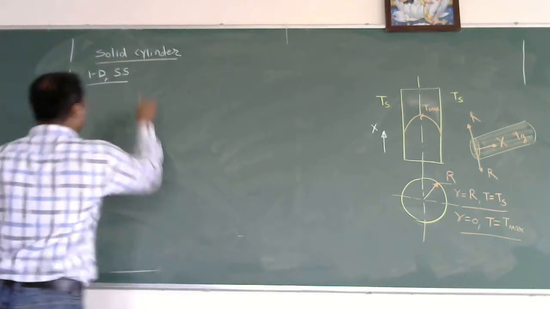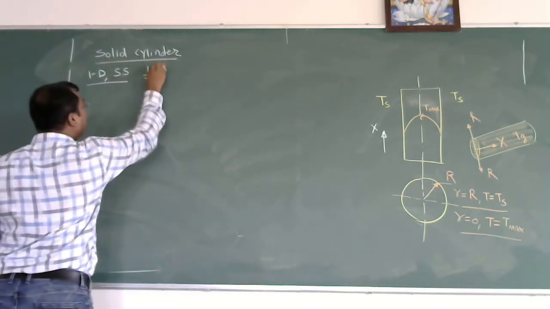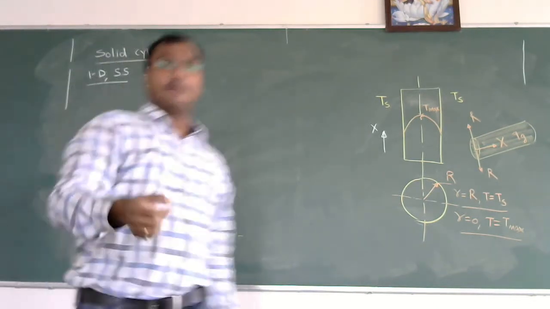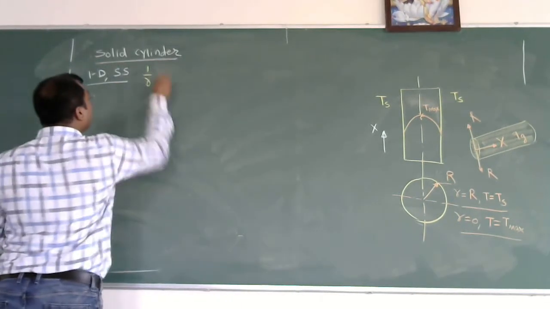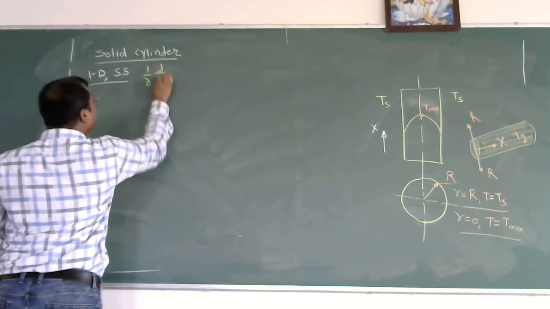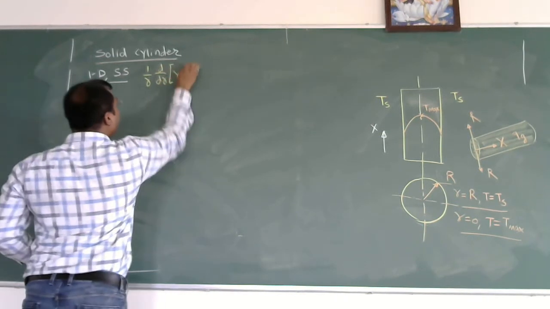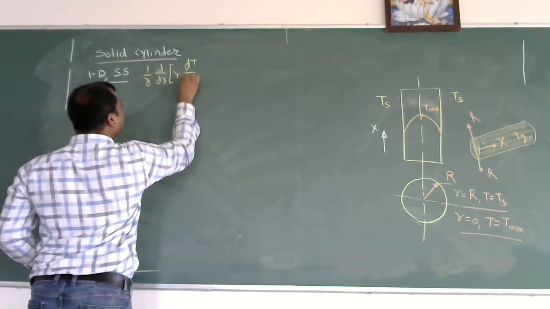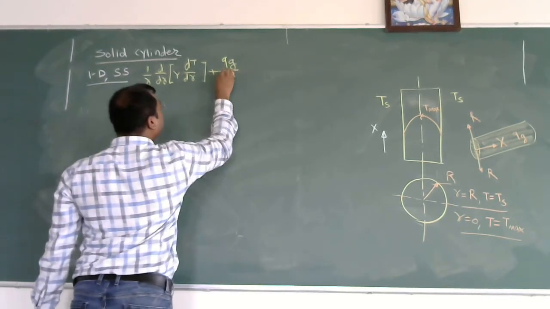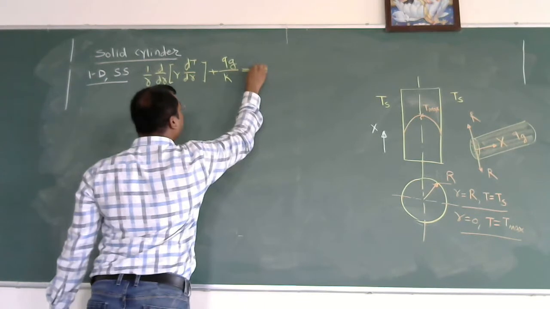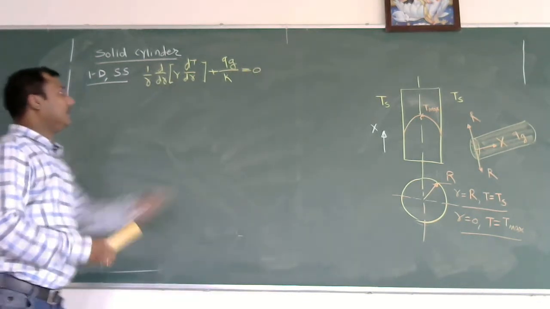So for that, I am writing the equation 1 upon r, d by dr of r dT by dr, plus internal heat generation Qg by k, is equal to 0.